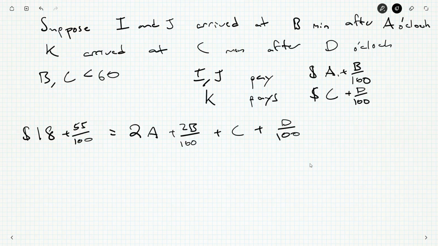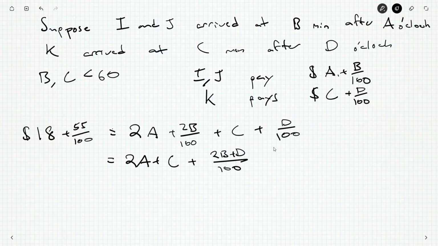Now there could be some carryover. So the 2B plus D might add up to more than 100. That's possible. Let's see here. So in total, this is 2A plus C plus 2B plus D over 100.